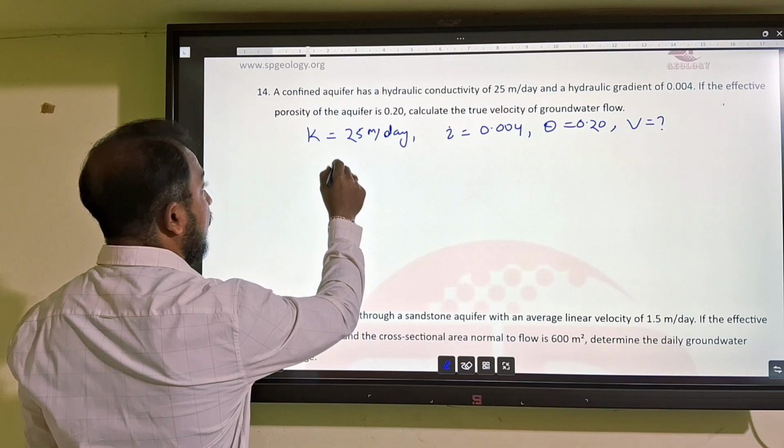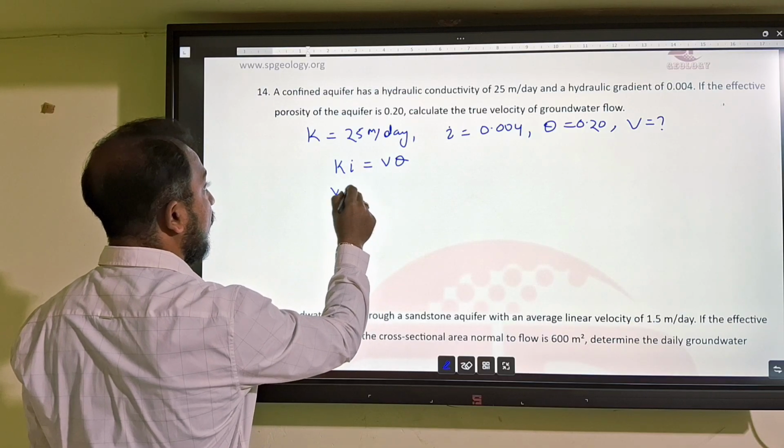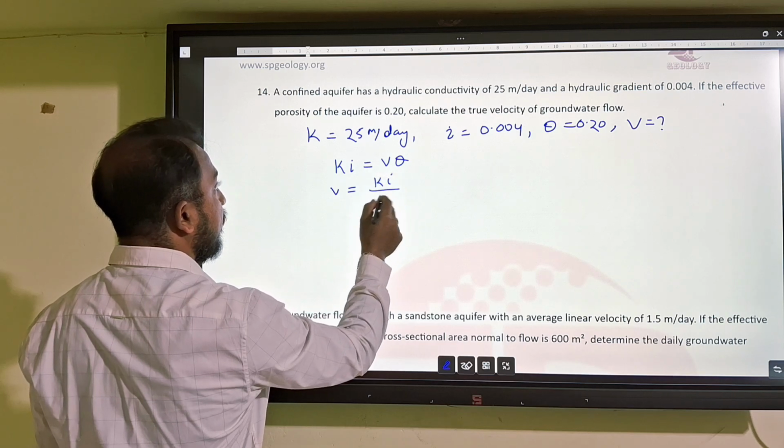So we know one equation, KI equal to V theta. So V equal to KI by theta.